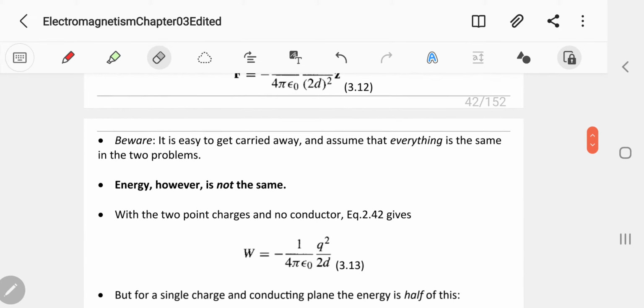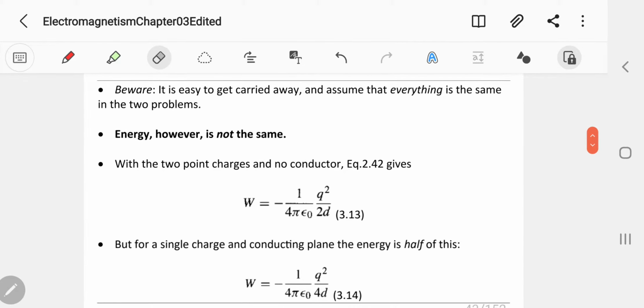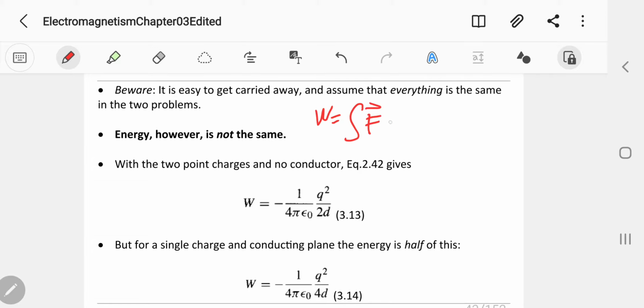How about the energy? You can calculate the energy. It's just the integral of force dot dl, or what is this? This is just q times the integral of the electric field dot dl.